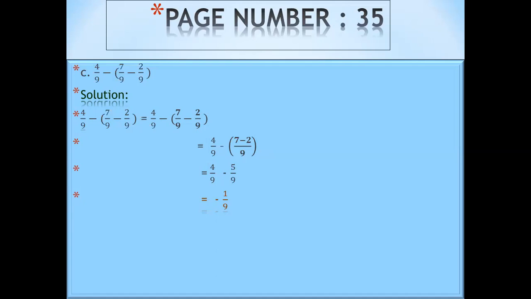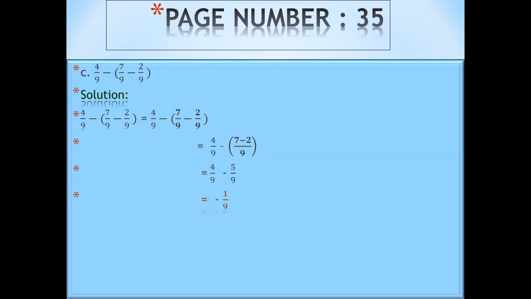4 over 9 and the negative sign is before the bracket. So we write 4 over 9 minus 5 over 9. Again the denominators are same, 9 and 9. So we write the denominator once and we subtract 4 and 5. When we subtract 4 and 5, the answer will become minus 1 because 5 is the greater number and 4 is the smaller number.